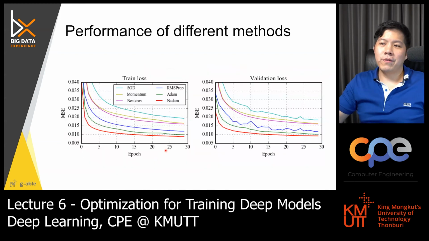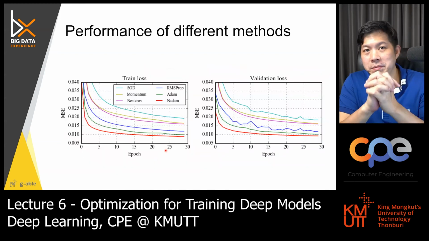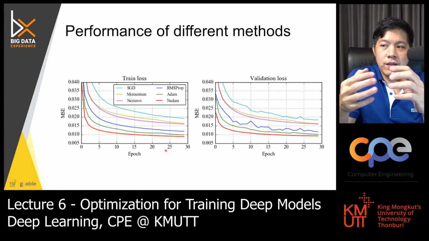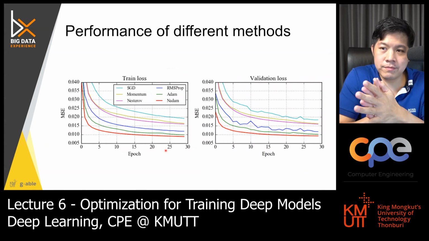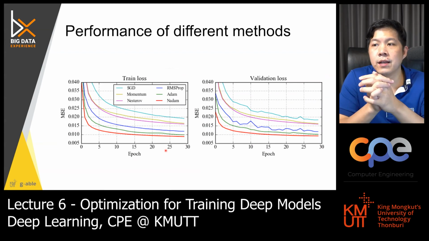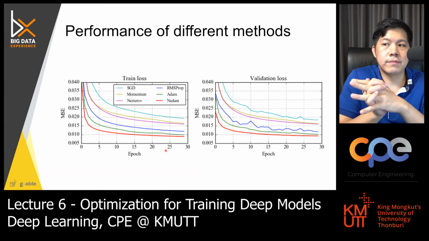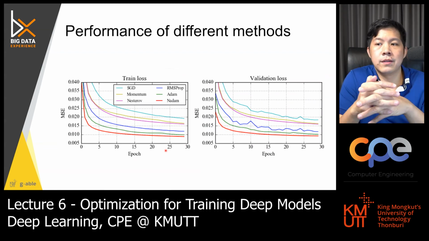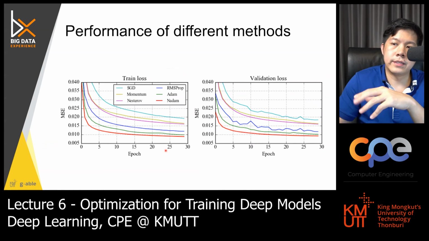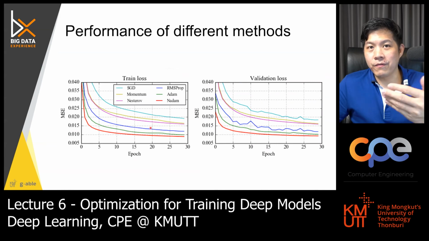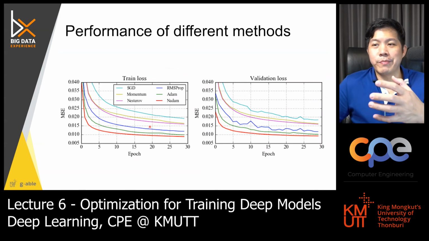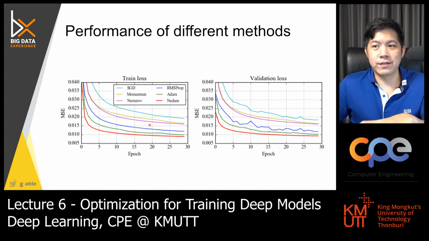In terms of performance, it depends on the paper you read, but those that are comparable are like NADAM, which converges really fast, then Adam, then RMSProp, then SGD at the end. But it doesn't mean that the faster the better. It depends on the problem that you are handling.